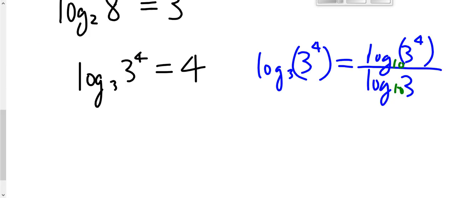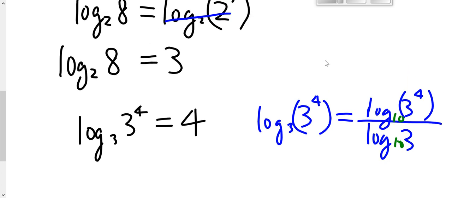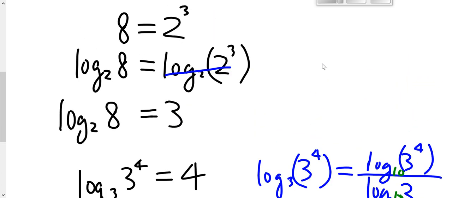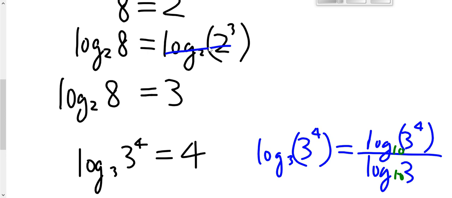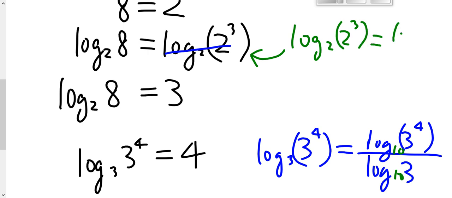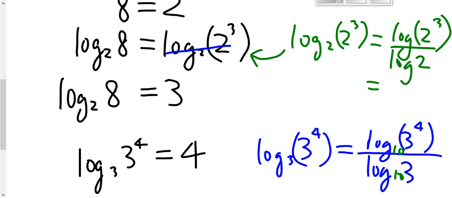Okay, let's go back here and do this one. Which one do we want to do? If you want, do this. So log base 2 of 2 to the power of 3, that should give you 3. So here, log base 2 of 2 raised to the power of 3 is the same as log 2 raised to the power of 3 divided by log 2. Try this.